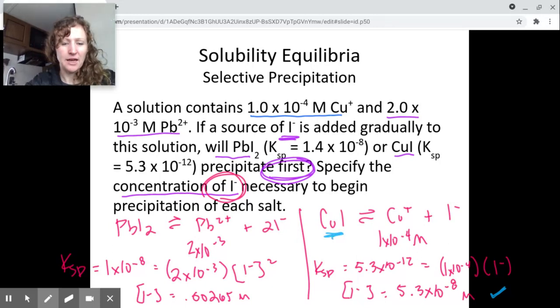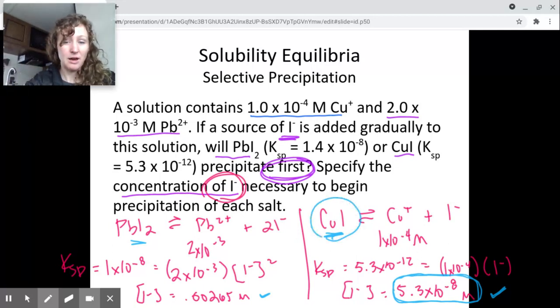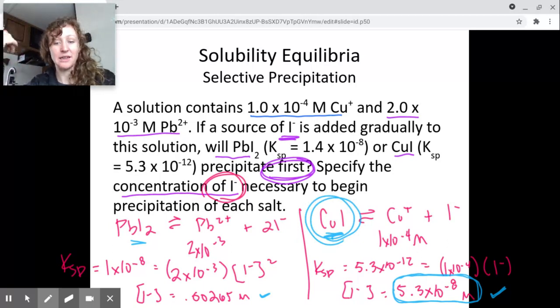And I need to add 0.00265 molar of I minus in order to get this to precipitate out. So this is the smaller amount here. If I start from 0 I minus and add slowly, I'm going to hit this amount first, which means copper iodide will precipitate out first. I need less of the iodide to precipitate out.